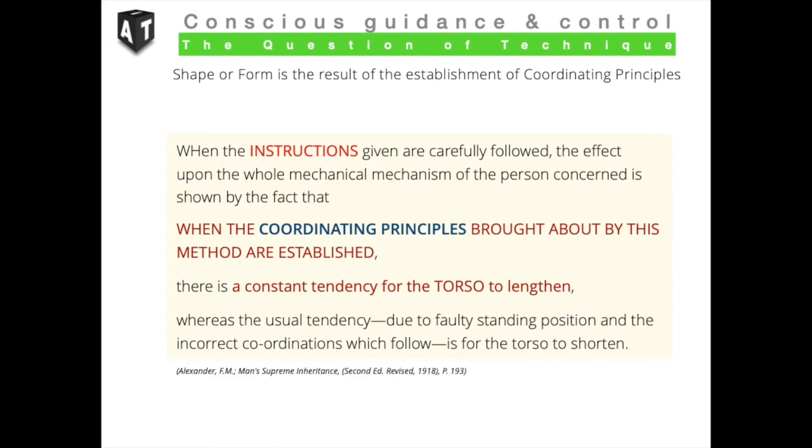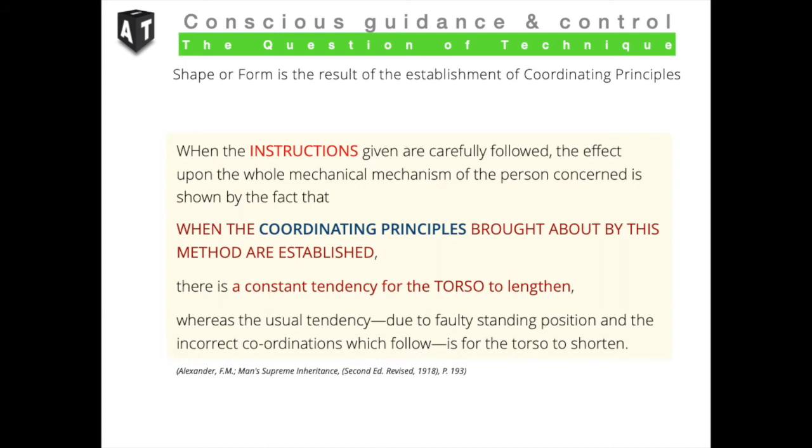And we see that here Alexander is pointing to the torso, to the mechanism of the torso, and not to the whole system. He is really pinpointing the mechanism of the torso. And so we discover that Alexander manipulates different movements in his mind in order to coordinate these movements. This is called manipulation.